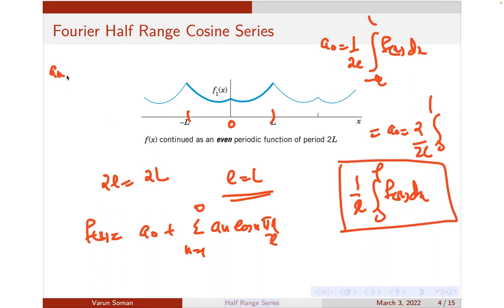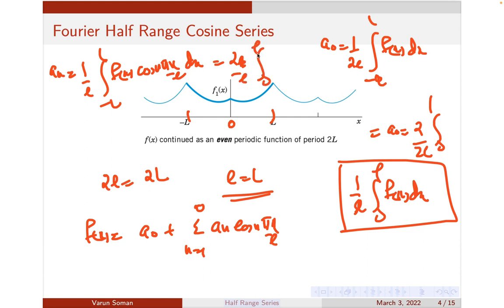Your an is 1 by L integral from minus L to L f of x into cos n pi x by L dx. But since f of x is even and cos is even, the product will be even, so this will become 2 by L integral 0 to L f of x into cos n pi x by L dx. Also your bn will become 0.